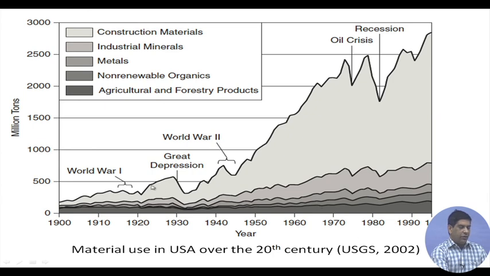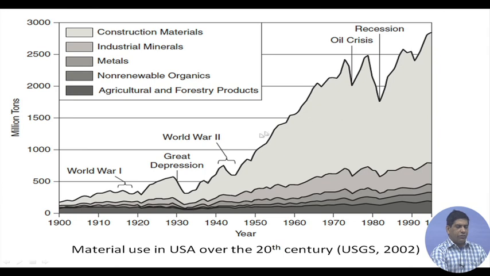Other than the Great Depression, oil crisis or recession, you see a continuous trend of increase in demand, a lot of demand in the agricultural sector, and then industrial minerals and metals, but not that high.